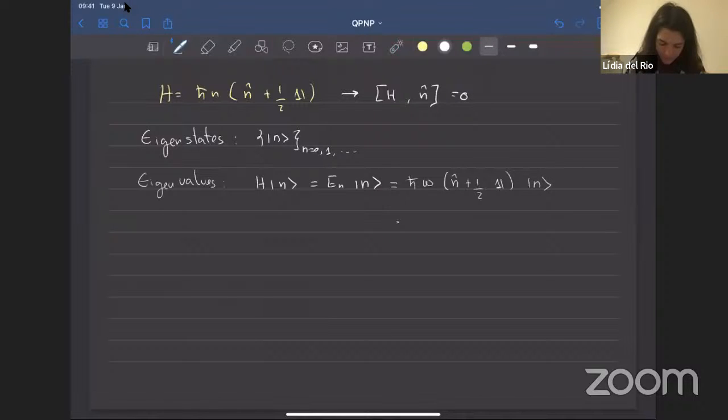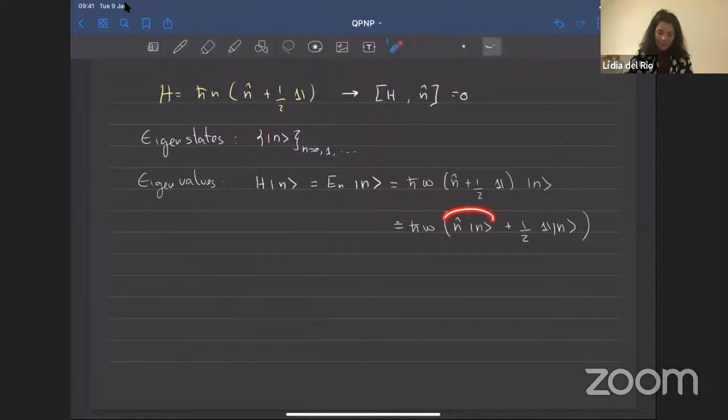So let me just write it like this: it's N applied on |n⟩ plus 1/2 identity applied on |n⟩. So this just returns the number n, right? Because it's the eigenvalue of this number operator. The state again, and the identity doesn't do anything.